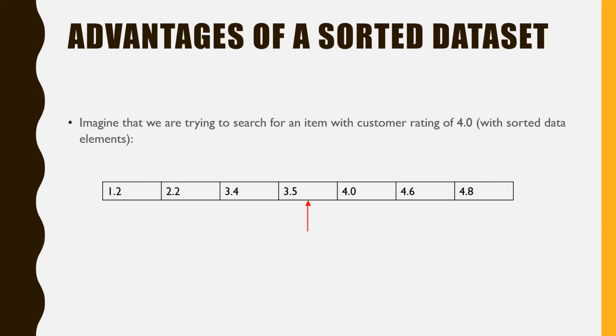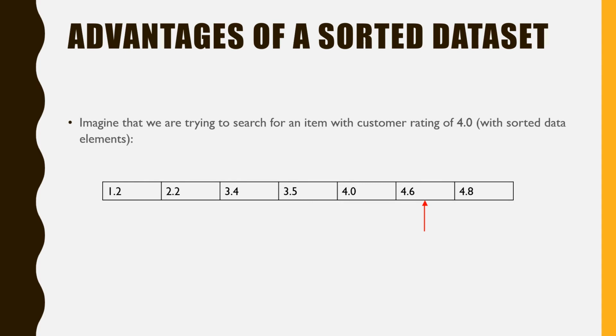Because the array is sorted, if 4.0 indeed exists in the array, then it must locate at positions after 3.5. Then, the new plausible range is now between 4.0 and 4.8. At the second iteration of the binary search algorithm, we check the middle element of the new plausible range, that is, 4.6.